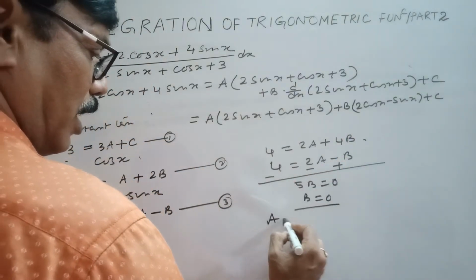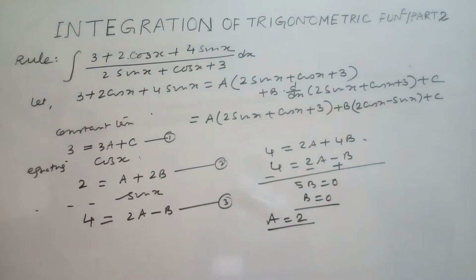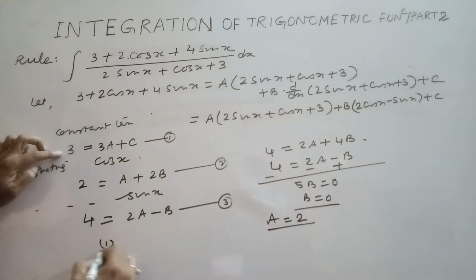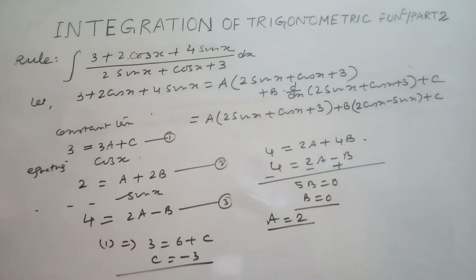So, what is A? A equals 2. Now, if A equals 2, equation 1 gives 3 equals 6 plus C. So, what is C? C equals minus 3. So, we are getting A, B, C.